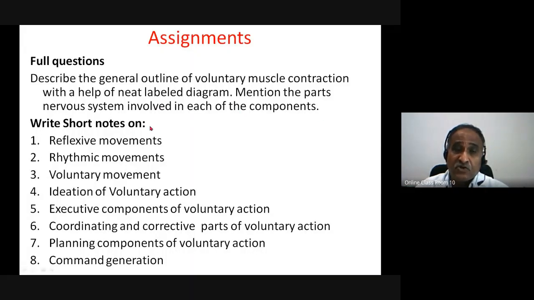Then write short notes on reflexive movements, rhythmic movements, voluntary movement, ideation of voluntary action, executive components of voluntary action, coordinating and corrective parts of voluntary action, the planning components of voluntary action, and command generation of voluntary action. See how I have split the chapter into different segments in this assignment.